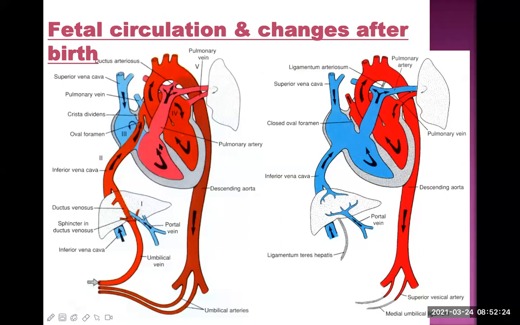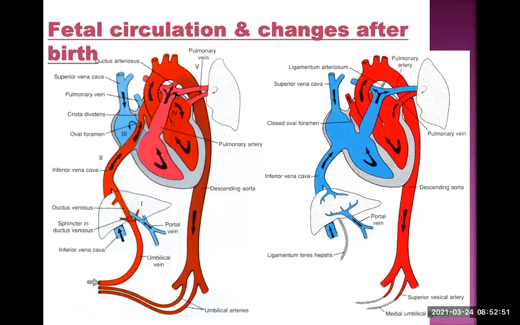Now, during fetal life, lungs are non-functional. We all know that lungs are collapsed; they are non-functional, and the pressure inside the pulmonary circulation is way higher than the systemic circulation. Now, blood still comes to the right ventricle from the right atrium. This is the right atrium here. Here is the right ventricle. This is the pulmonary artery.